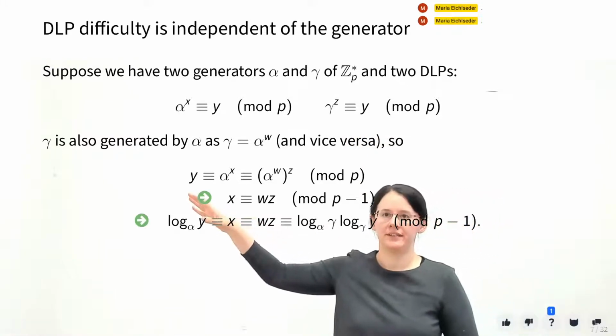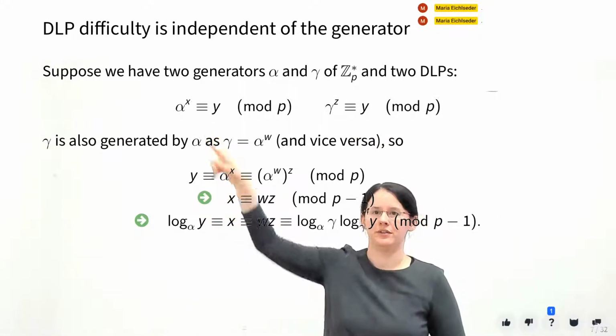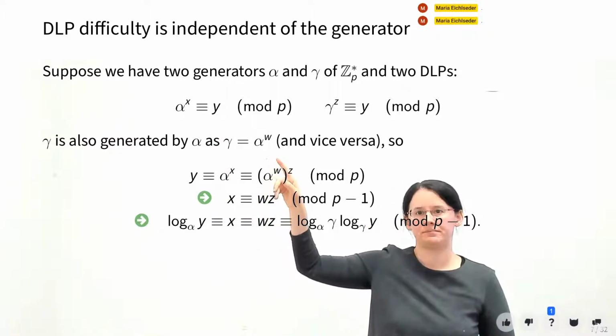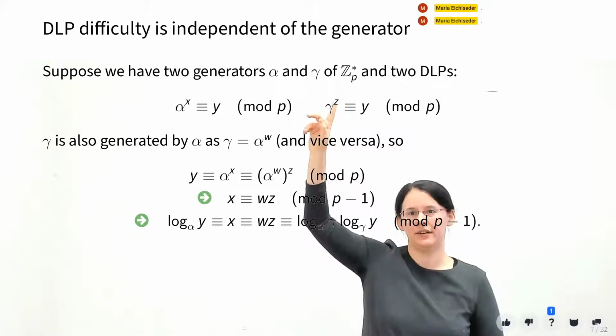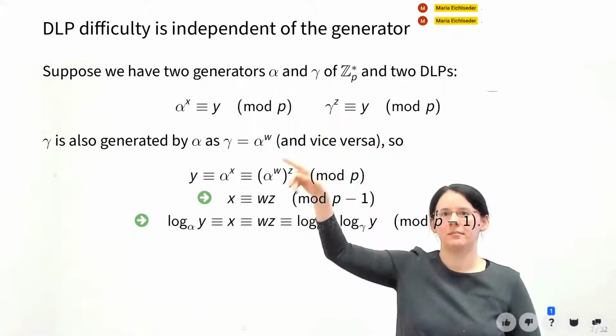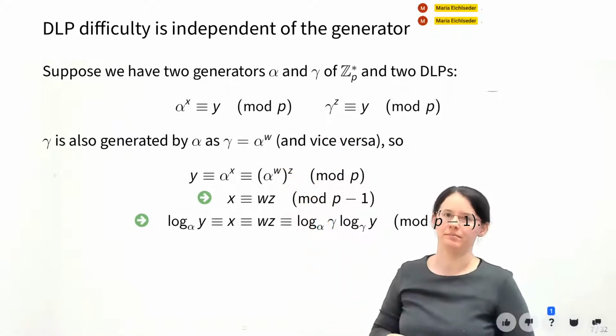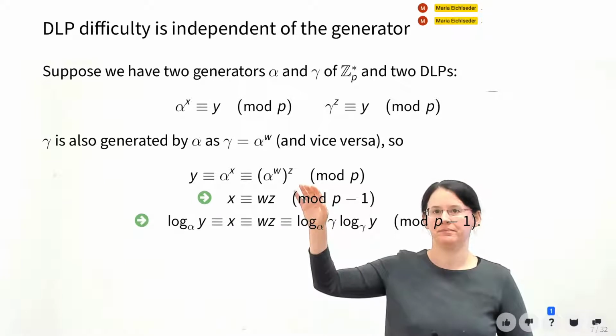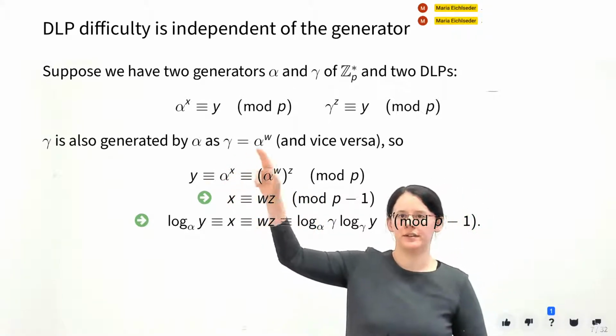I can rewrite the equations I have, filling in the other equation and replacing gamma by alpha to the w, because that's the exponent that generates gamma.